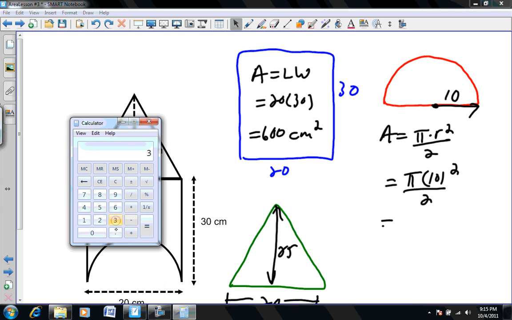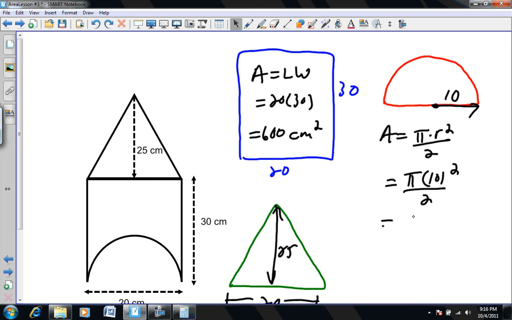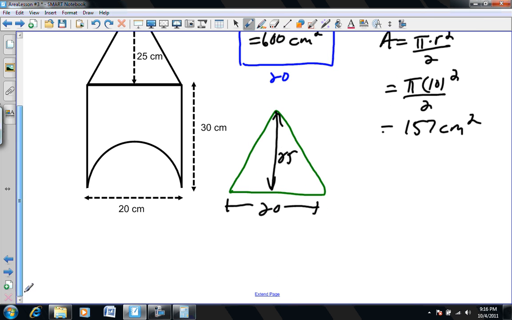I've got pi times 10 squared, which means times 10 times 10. Take that answer, and I've got to divide it by 2. So the area of that semicircle is about 157 square centimeters.